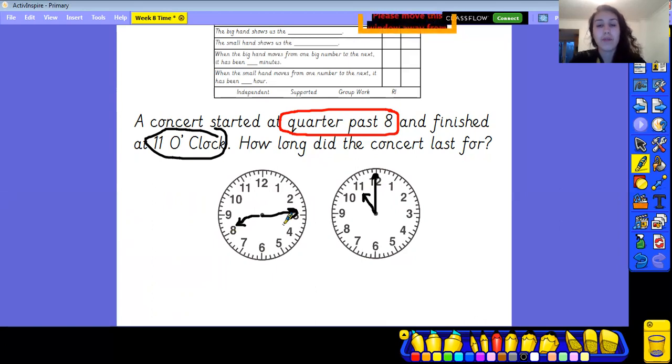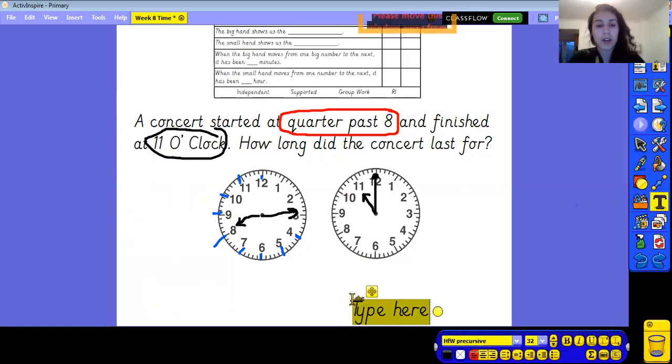So first of all, I would match up your minute hand. So this is 8:15. Let's see how many minutes it takes to get us back to that o'clock. So it's 8:15. When it gets to the next o'clock, it would actually be 9 o'clock. So that would be 5, 10, 15, 20, 25, 30, 35, 40, 45 minutes.